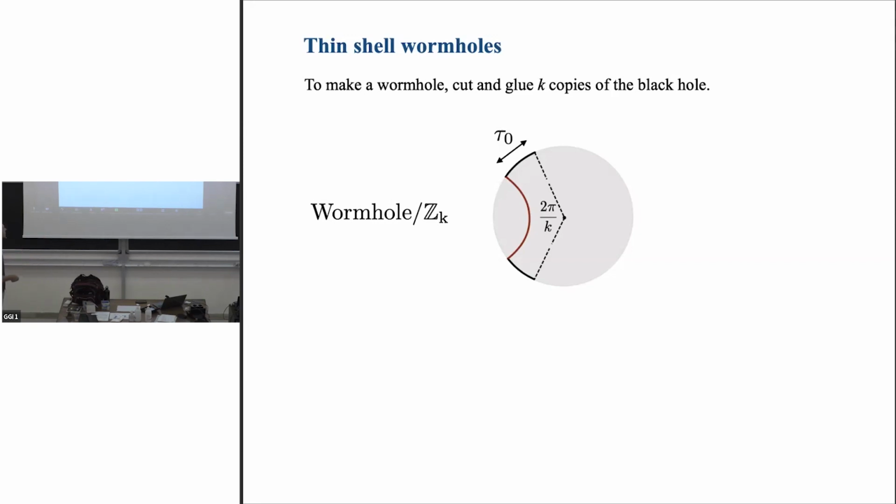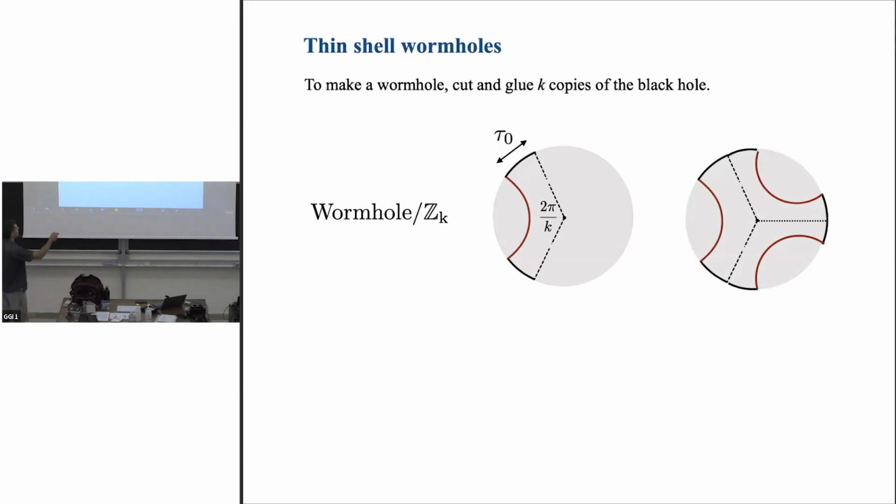And what that allows us to do is to glue together k copies of them into a smooth solution. The picture that I've drawn here is for k equals 3. We take this pizza wedge that's been drawn, and we glue together 3 of them like that. And that gives us one of these geometries that I drew at the beginning. Now a case with 3 boundaries.